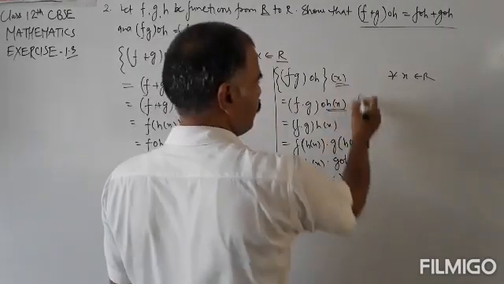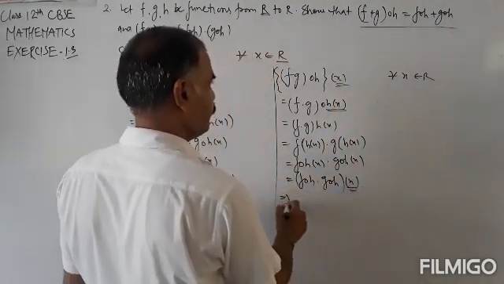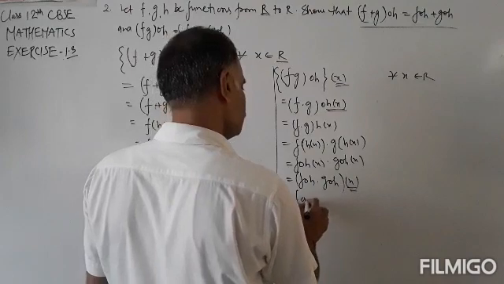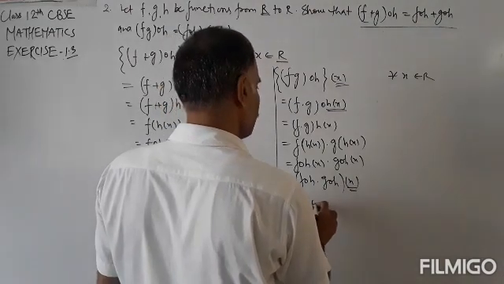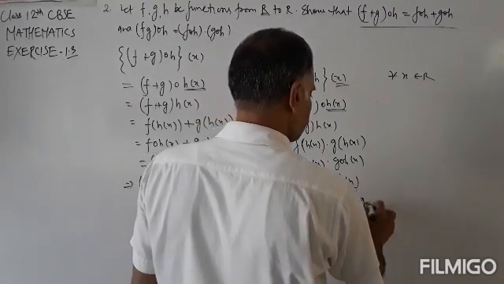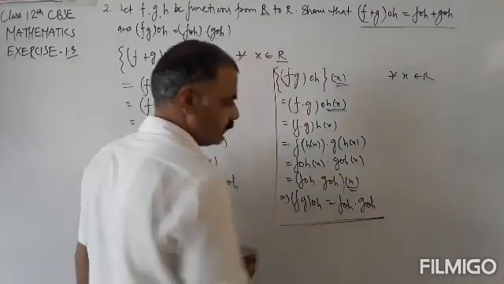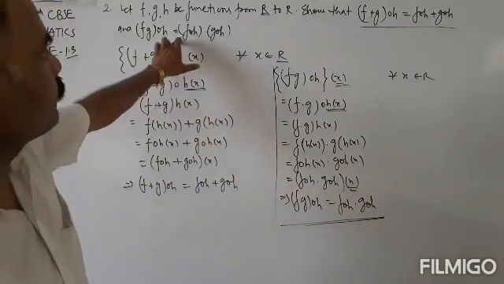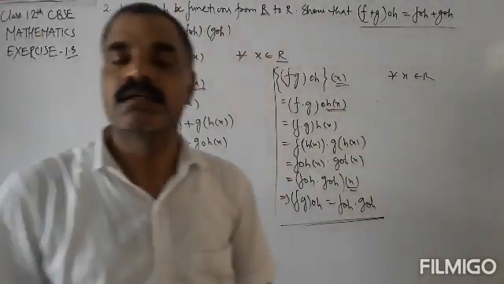After eliminating the element, we have (f dot g) o h equals f o h multiply g o h. Okay, so this is the second part of question number second.